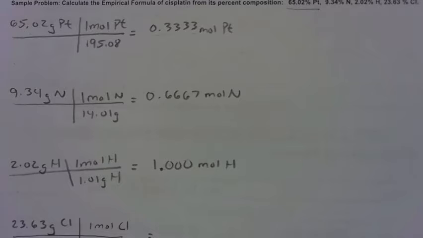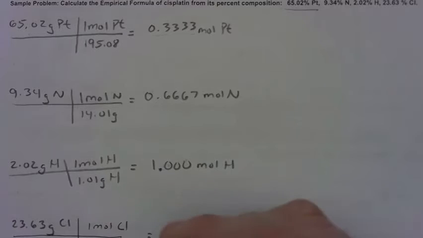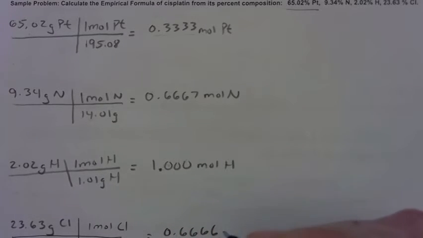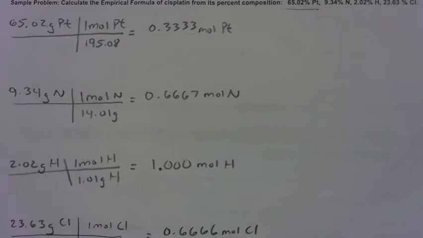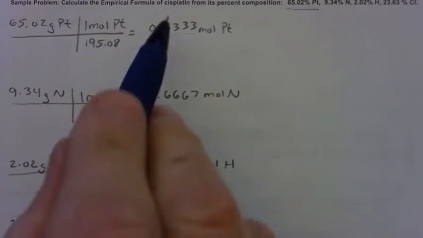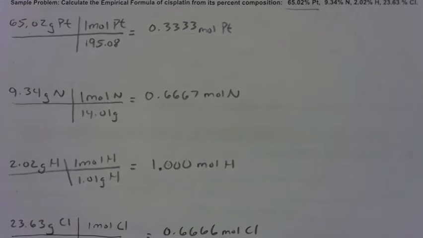And according to my calculator, 23.63 divided by 35.45, and I get 0.6666 moles of Cl. Now, the next step is I look at all of these values and I divide all of them by the smallest number.